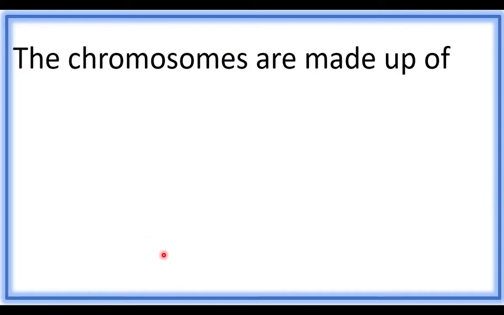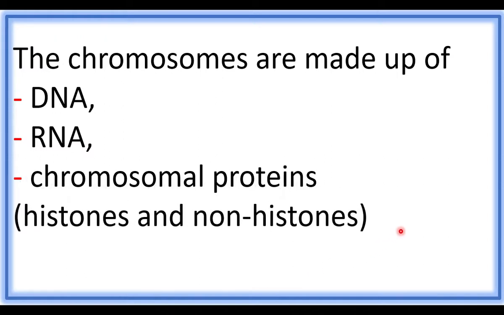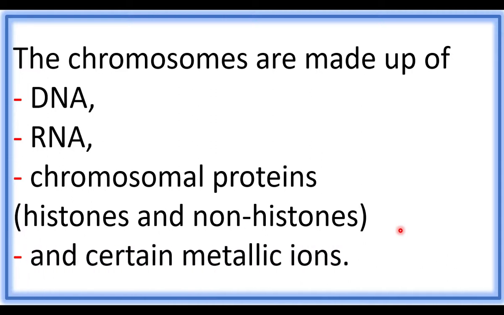The chromosomes are made up of DNA, RNA, and chromosomal proteins. There are two kinds of chromosomal proteins, histones and non-histones. Chromosomes are also made up of metallic ions, calcium and magnesium ions.